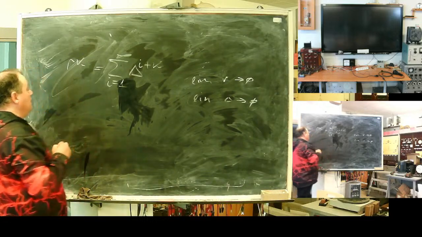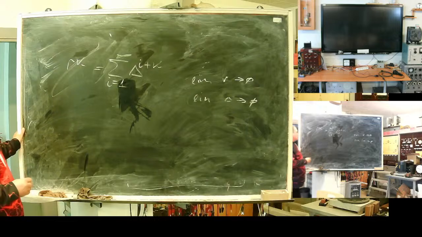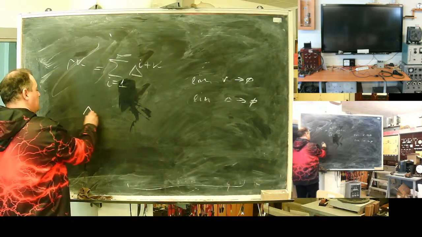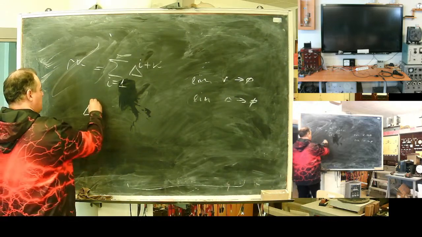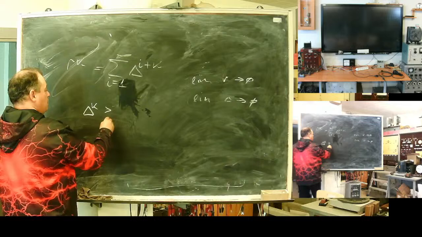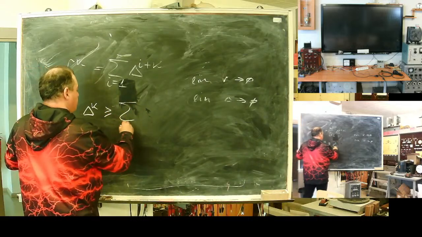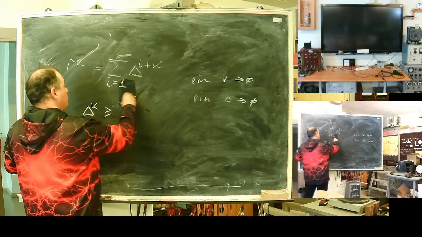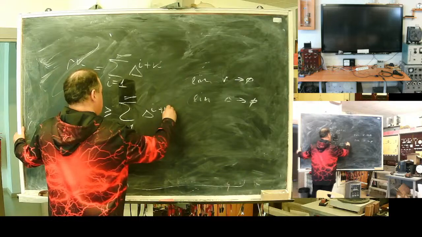And I can make one assumption. I can make an assumption with delta_k: it should be greater or equal to the sum of delta_{i+k}.